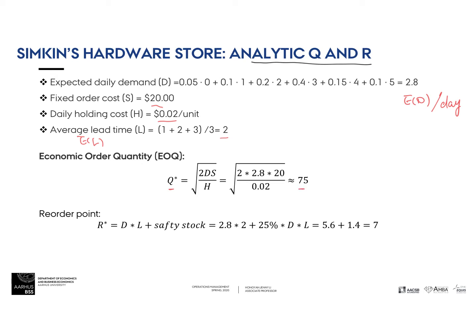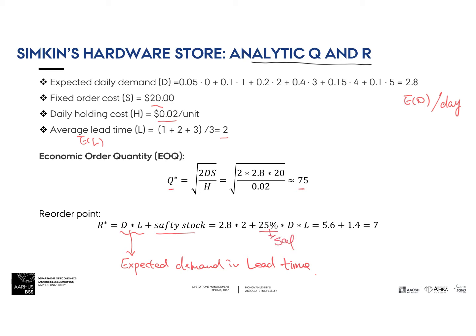And for the reorder point, we can use the safety stock formula. You have the expected value for lead time, so the expected demand in lead time, D times L. Then safety stock depends on your safety factor.